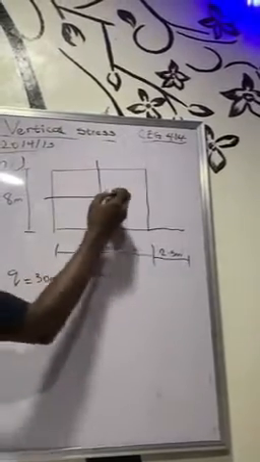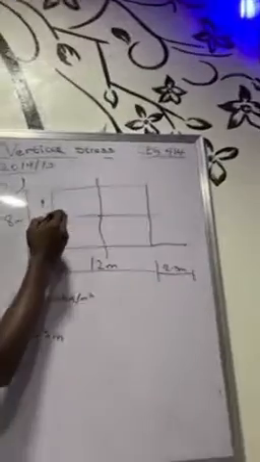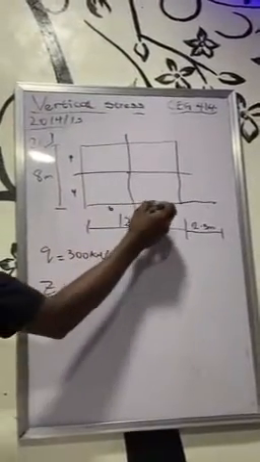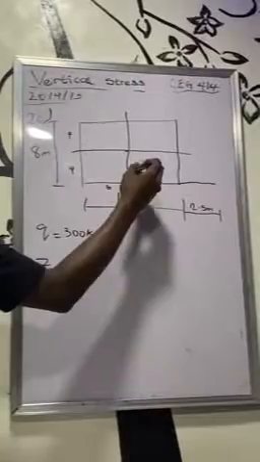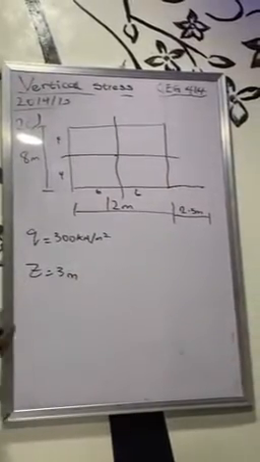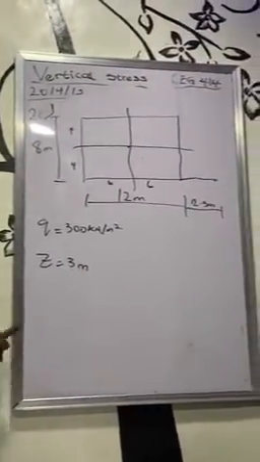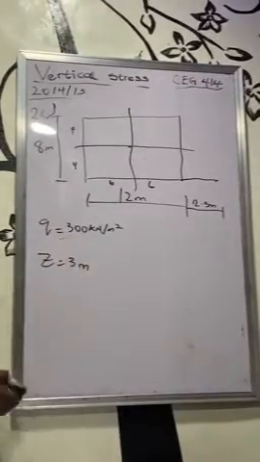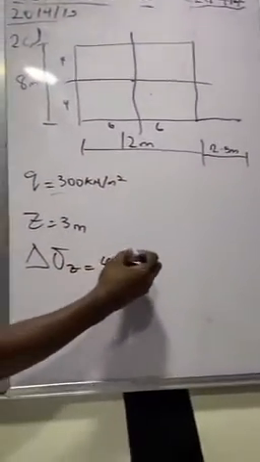Similar to the old one we did, divide into 4. If I do that, I'll have 4 meters here, 4 meters here, 6, 6, which used to be 4 by 6, 4 by 6, 4 by 6, 4 by 6, which means they have the same dimensions. And if they have the same dimensions under the same load, we'll have our total change in vertical stress equals 4IQ.